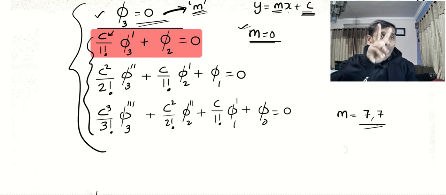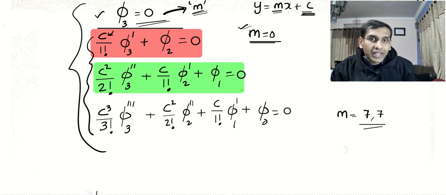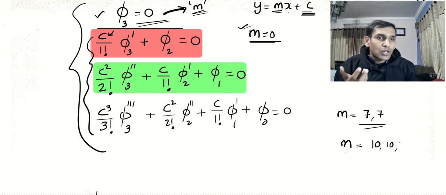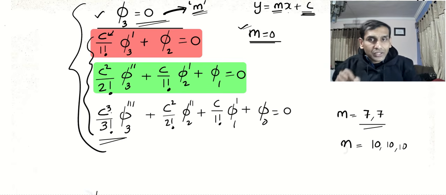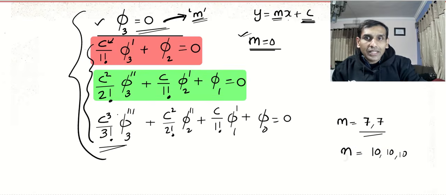It repeats 2 times. Then I will use this equation to find c. Suppose my values are something like 10, 10, 10. Then I will use the c cube equation. Anyway, in this question, you saw that all the roots are distinct. So I'm going to use only this equation.